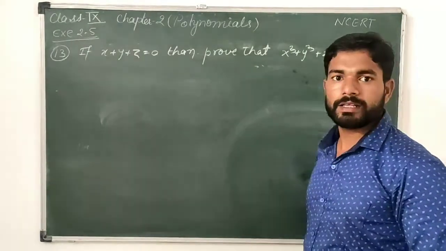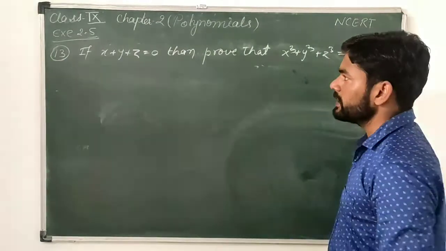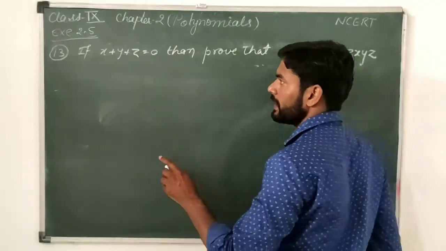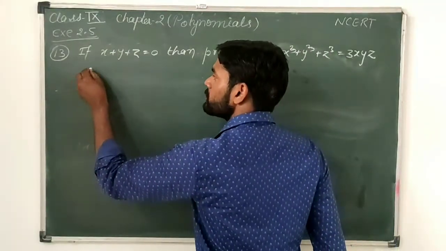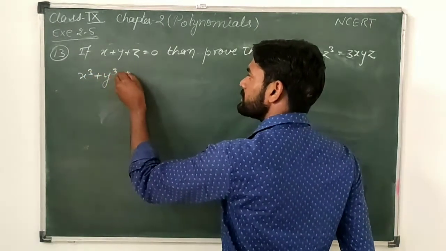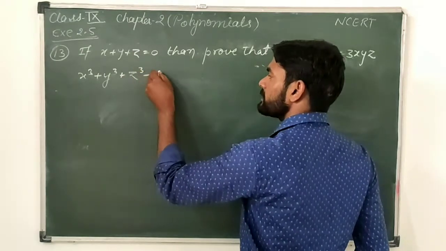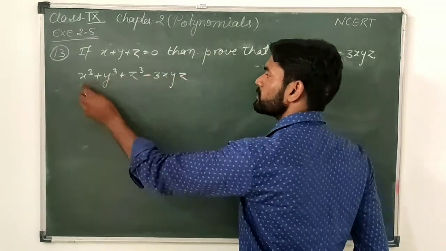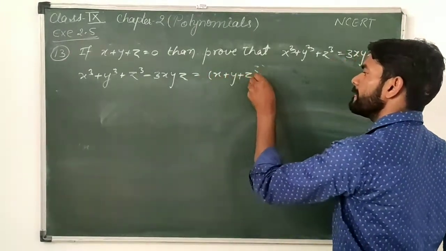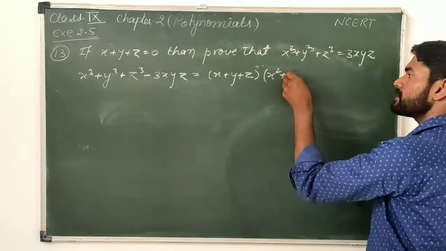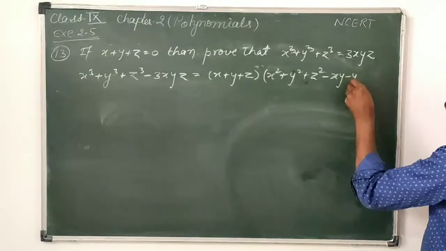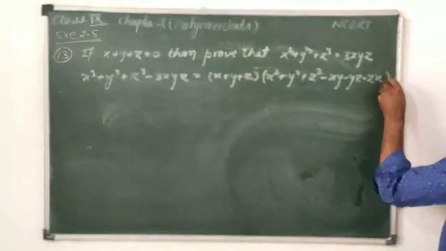Before starting the answer of this question, I want to tell you an identity. As we have already read in question number 11, it was: x cube plus y cube plus z cube minus 3xyz is equal to x plus y plus z into x square plus y square plus z square minus xy minus yz minus zx.